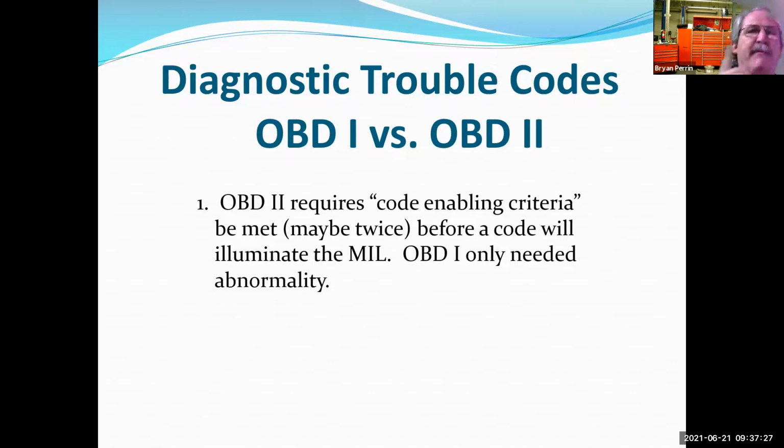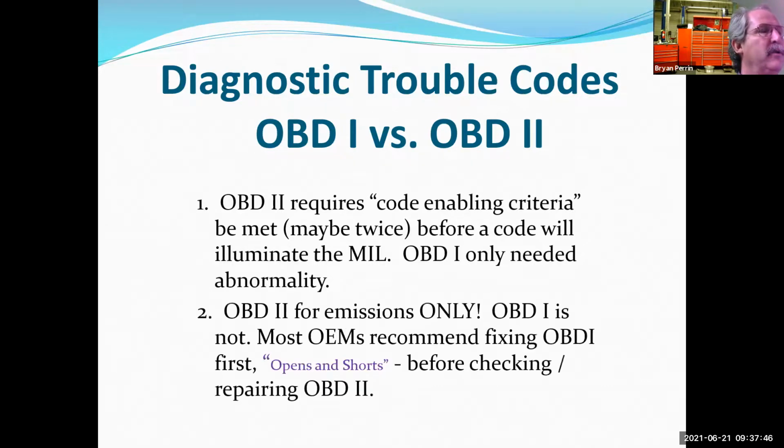If it happened for 14 seconds, I probably don't even need to get out a digital multimeter. I could use a scan tool if it supports a PID, because the scan tool is going to show me something happening for 14 seconds. Again, I can use this information to really help diagnose the vehicle.